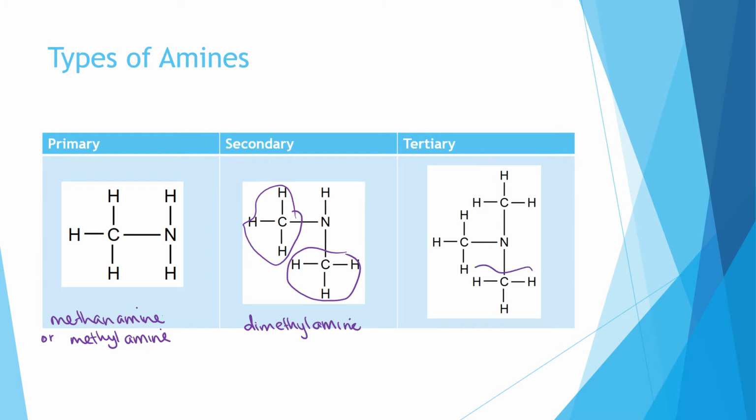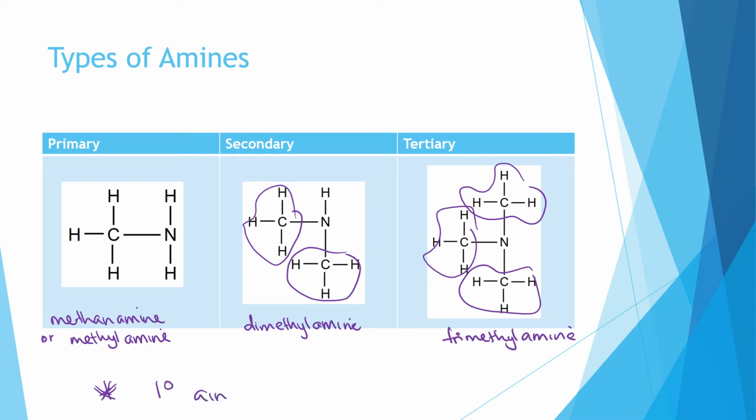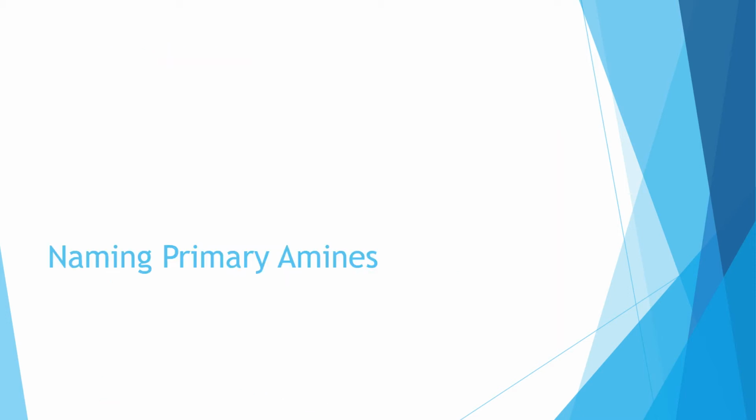And this one here has got 1, 2, 3 groups, so this would be a trimethylamine. Now in our course we're only going to look at primary amines. So we're going to go through how to name primary amines and draw primary amines.